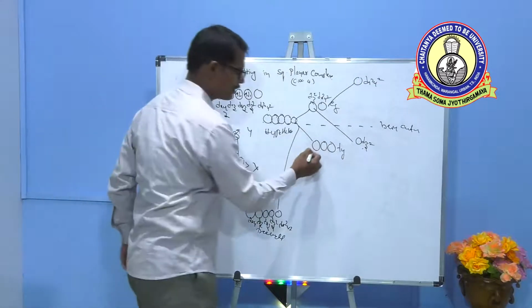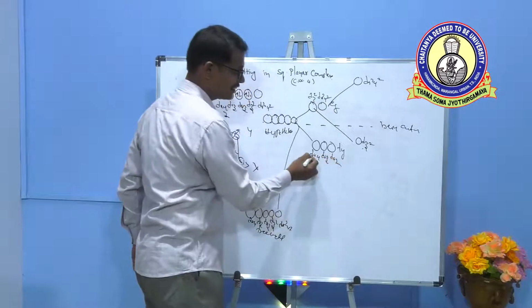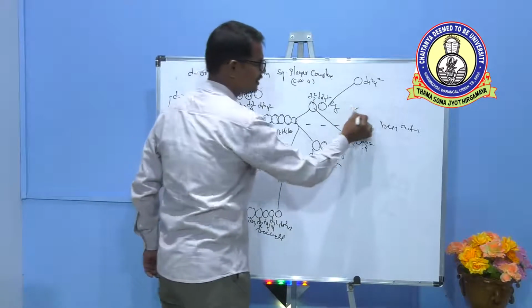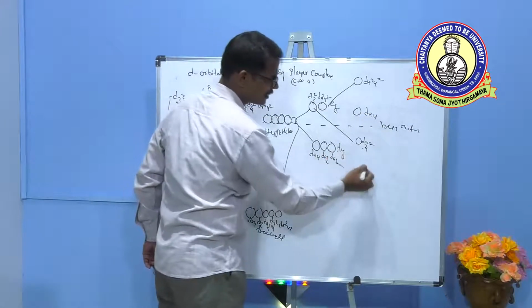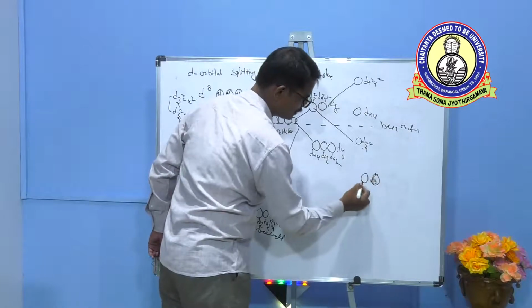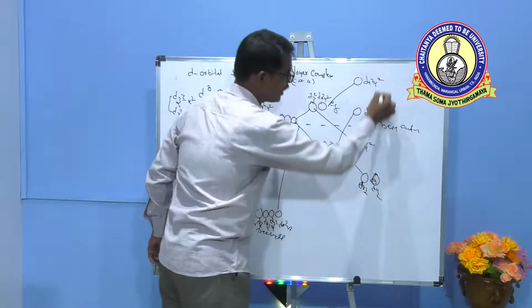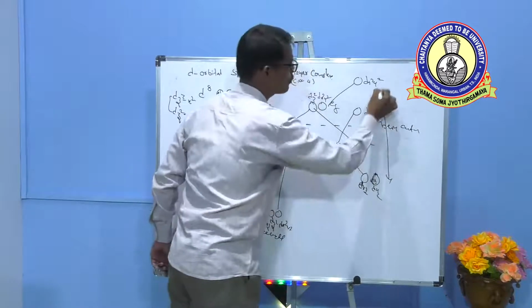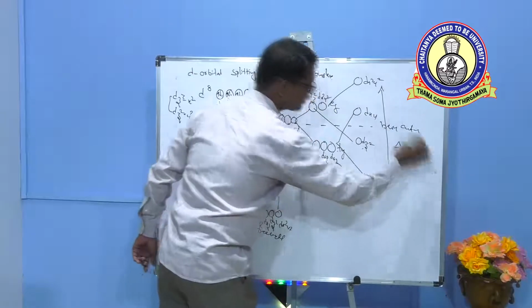In T2g orbitals, dxy, dxz, dyz, xy orbital energy increases, dxy. Z orbital's energy decreases, dxz, dyz. And the energy difference between lower energy to higher energy is delta square planar.